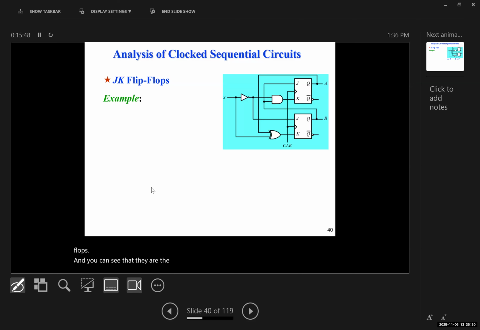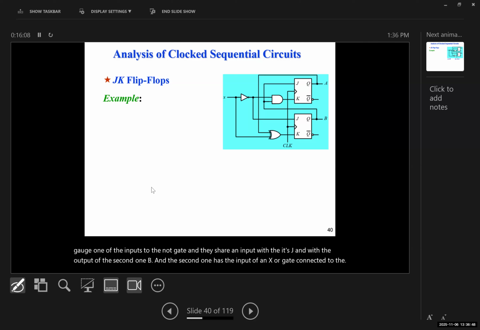The first K is connected to an AND gate, one of the inputs to the NOT gate, and they share an input with its J and with the output of the second one, B. And the second one has the input of an XOR gate connected to the output A and input X. And both of them are synchronized with the same clock, as you can see.